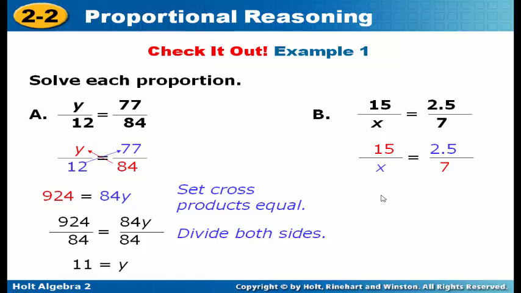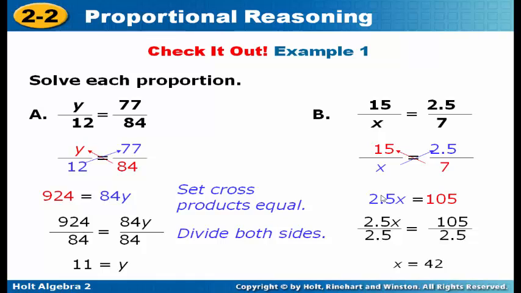Using cross multiplication, 2.5 times x equals 2.5x, and 7 times 15 equals 105. Now divide both sides by 2.5. We find x equals 42.